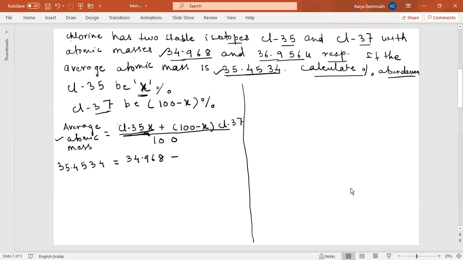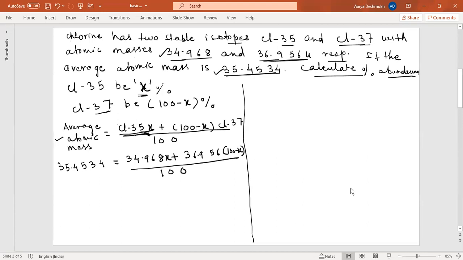And plus now 100 minus X, this is the atomic mass for the isotope Cl37. Now you can write here 36.956 into 100 minus X. Okay. So this is 34.968 into X. Now divide it by 100. Now you solve this. Now you can solve it in a very easy way.